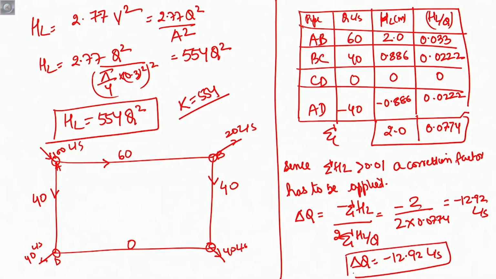Now, this delta Q that we have obtained should be applied to the discharges before the next trial. So, this 60 will become 60 minus 12.92, this will become 40 minus 12.92, 0 will become 0 minus 12.92, and minus 40 will also become minus 40 minus 12.92. I will not erase the entire thing, but I will erase the right hand side.